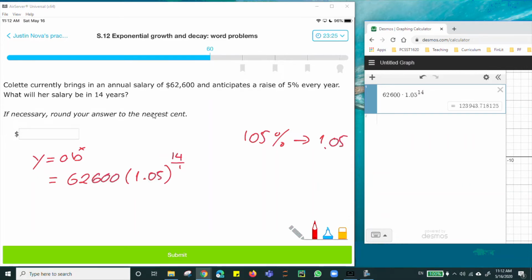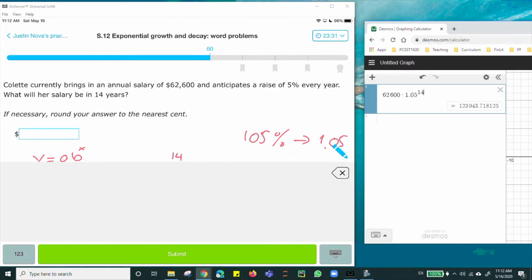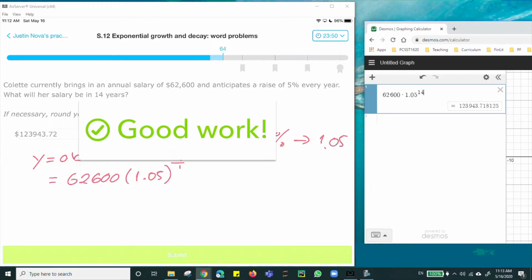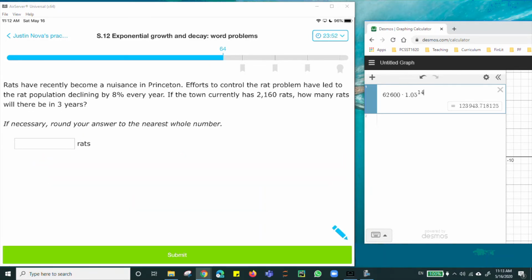And the question says nearest cents, so that means I need 2 decimal places after the decimal point. So let's look at 123,943.72. Okay, so this person is going to make $123,943.72 if the raise goes like this in 14 years.